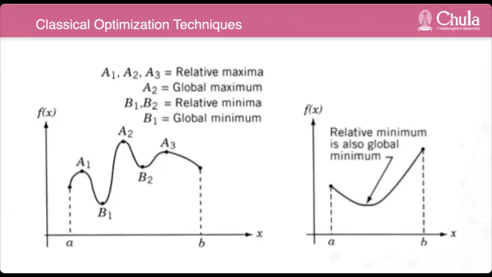And A2 is the global maximum. We have B1, B2 as relative minima, and B1 is the global minimum. For the right hand side, we have only one local minimum and also global minimum.